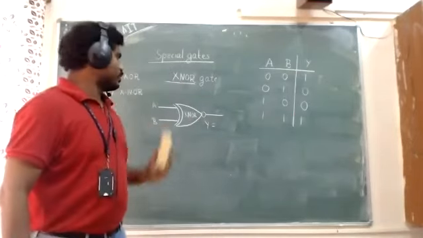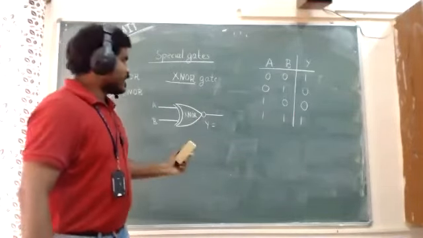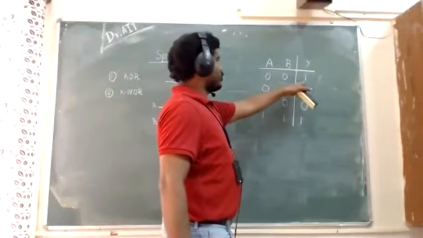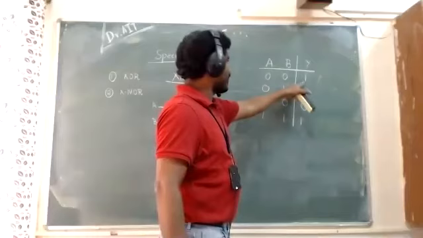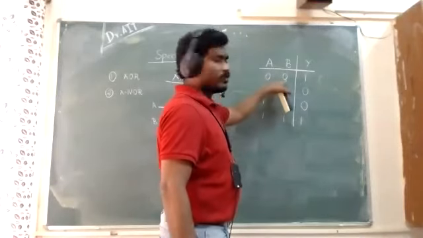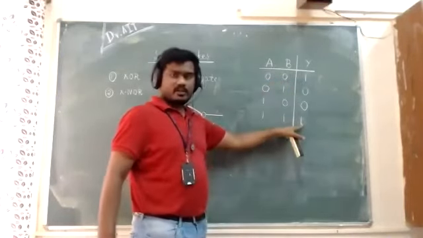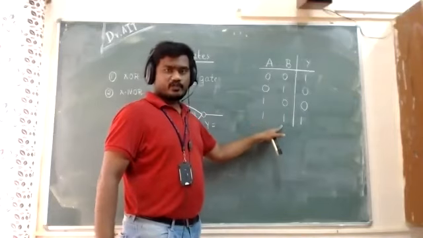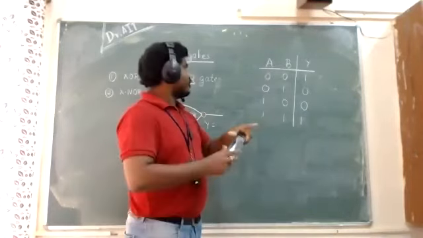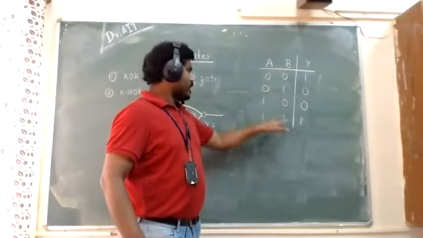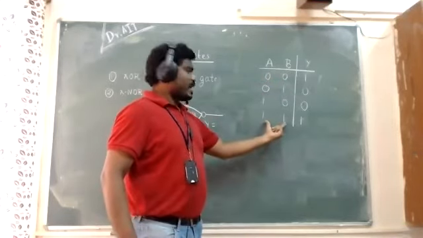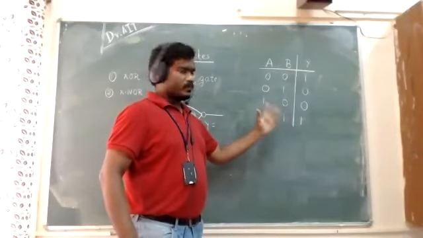This is the truth table of the XNOR gate. Wherever 1 is there in the output, just consider those input combinations. Here we have 1, so I need to consider this input combination, and here we have 1, so I need to consider this one too. In the first case, both A and B are in complement form, and in the last case, both A and B are in true form.